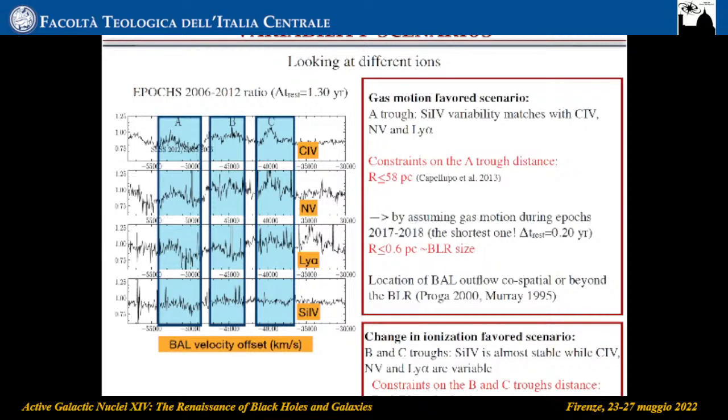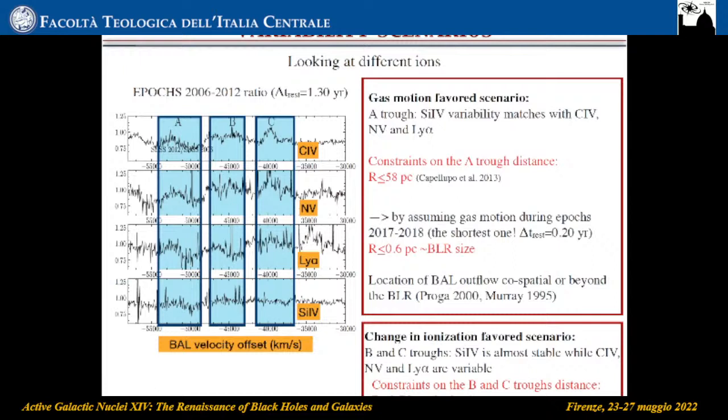So we can constrain the distance of such troughs. In particular, we put an upper limit for the A trough at around 60 parsecs. But we have also seen that during the two observations with the smallest variability time, the carbon 4 also varied, but we do not have information about the other ions.